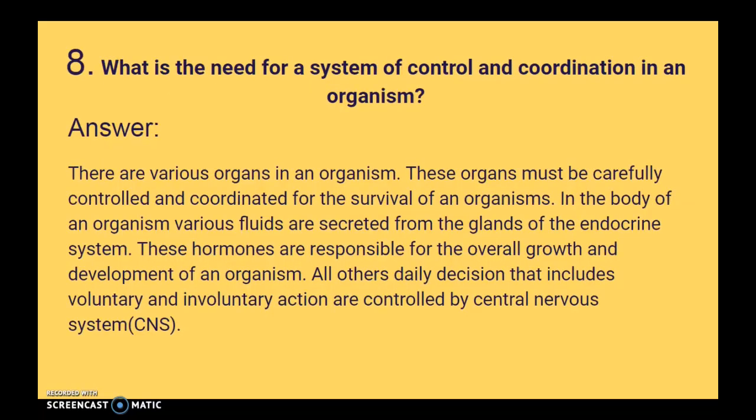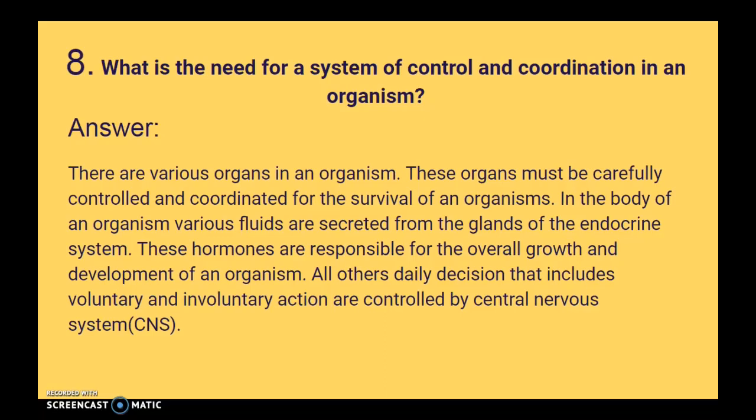What is the need for a system of control and coordination in an organism? Answer: there are various organs in an organism. These organs must be carefully controlled and coordinated for the survival of an organism.